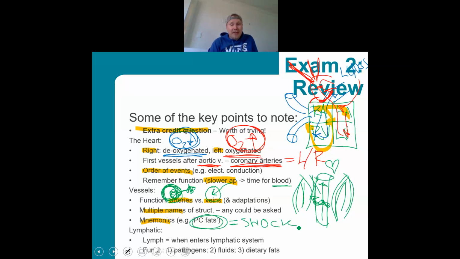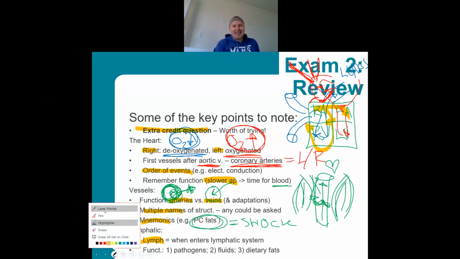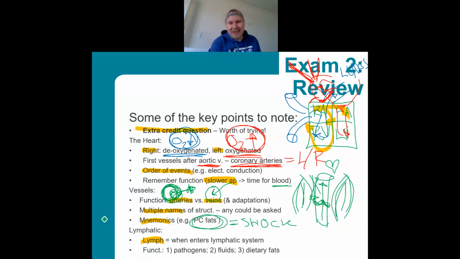In terms of the lymphatic system, probably one of the questions that I really emphasized multiple times was when does the interstitial fluid become lymph? Because it's the same composition. It was when it entered the lymphatic system, those lymphatic vessels. So again, if something's being mentioned a few times in the lectures, that might be a good one to remember.